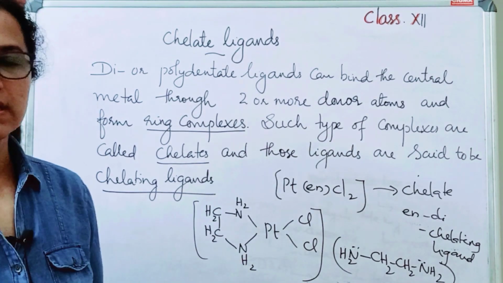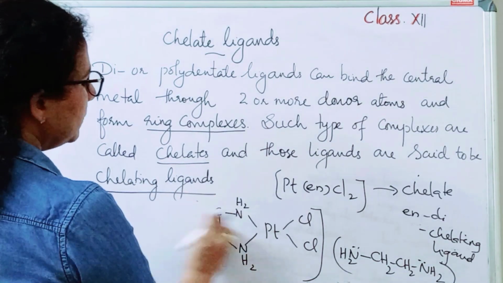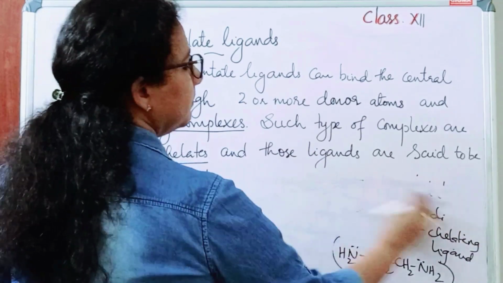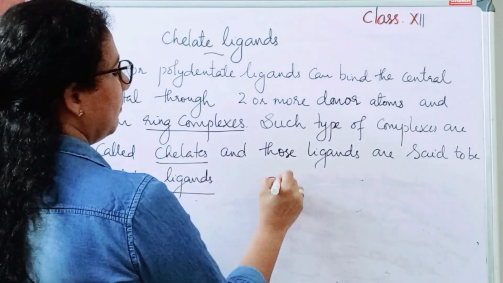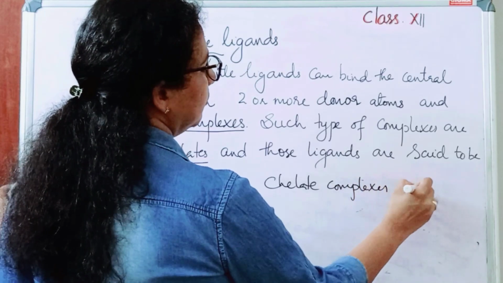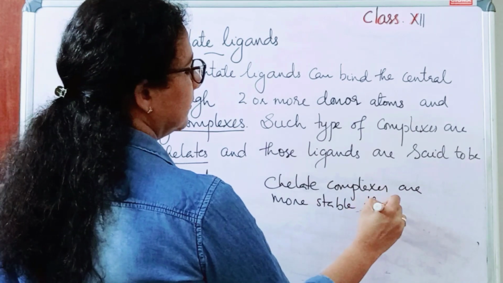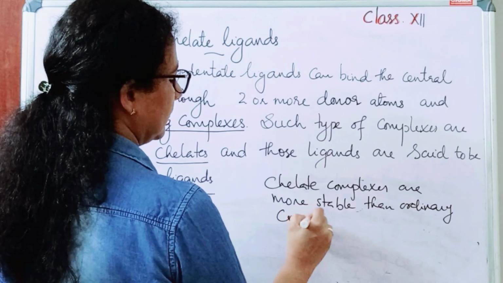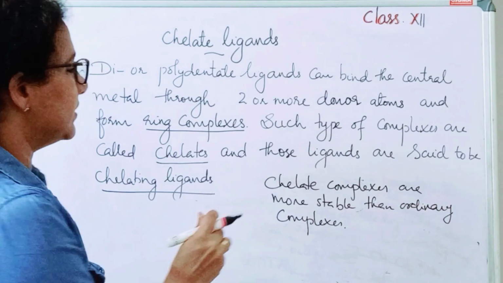Ring complexes have a chelate ligand. One more thing to be noted in this topic is that these types of complexes are more stable. Chelate complexes are more stable than ordinary complexes, since they have a ring structure, which is more stable.